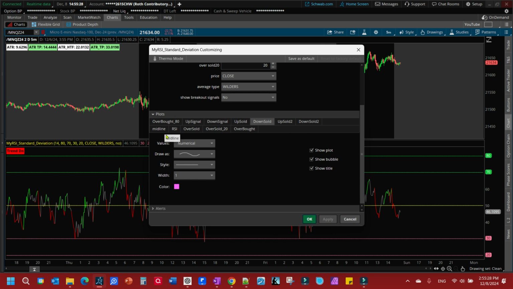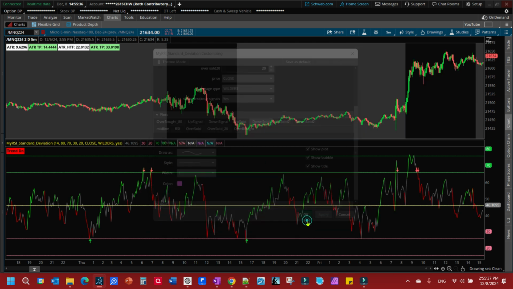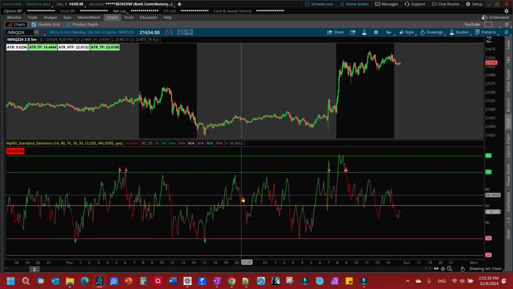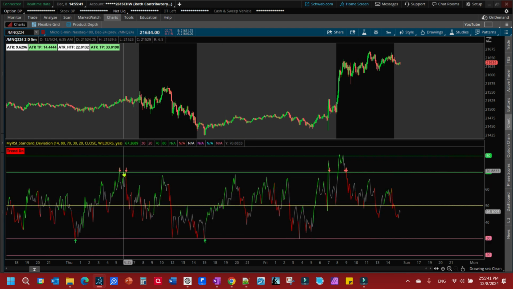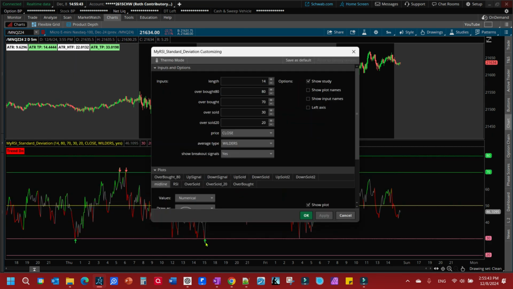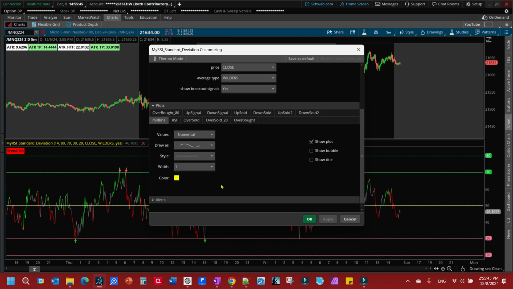So you could change all of that, okay? And it also has breakout signals if you were to apply them. Apply right here. And you'll notice we got breakout signals here, and we got breakout signals here. You might want to change those to white. That's what I do if I'm going to use them. I rarely use these things because they can be dangerous.